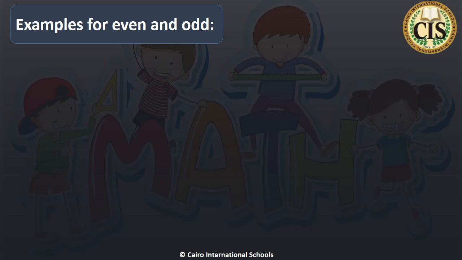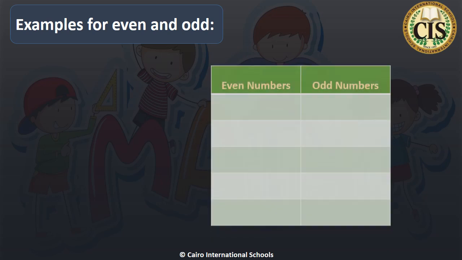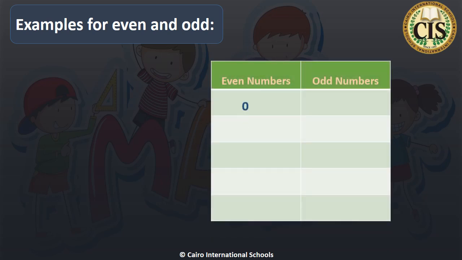Examples for even and odd. Now let's remember even and odd numbers. 0 even, 1 odd, 2 even, 3 odd, 4 even, 5 odd, 6 even, 7 odd, 8 even, 9 odd. Now let's solve the first question. 73.